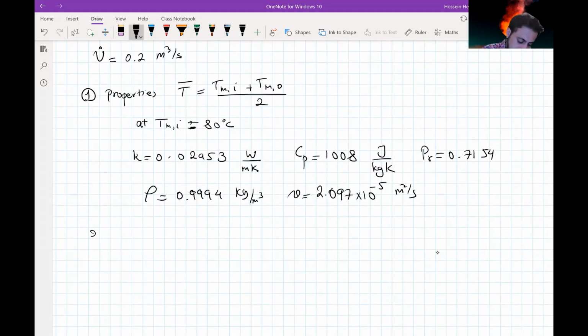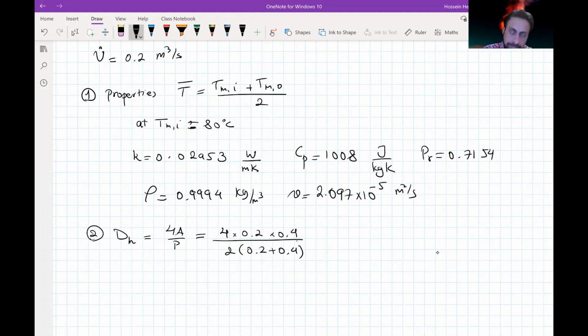The second thing we are going to do is find the flow regime, and for that we need the Reynolds number. Reynolds number needs the mean velocity and a representative diameter, so we use the hydraulic diameter, D_H equals 4A divided by the perimeter: 4 times 0.2 times 0.4 divided by 2 times 0.2 plus 0.4, which is 0.26667 meter.